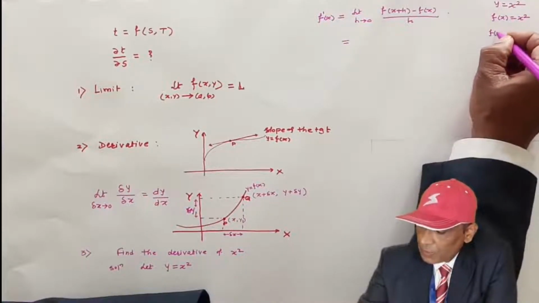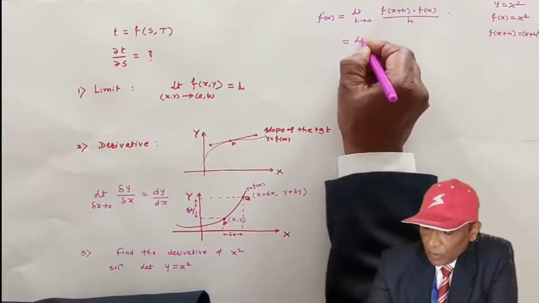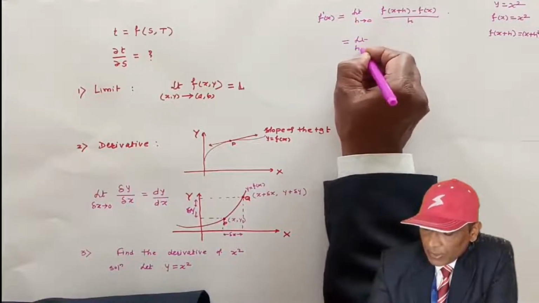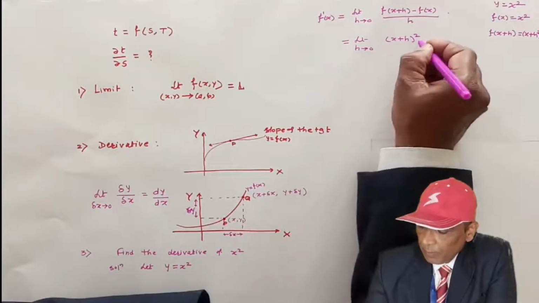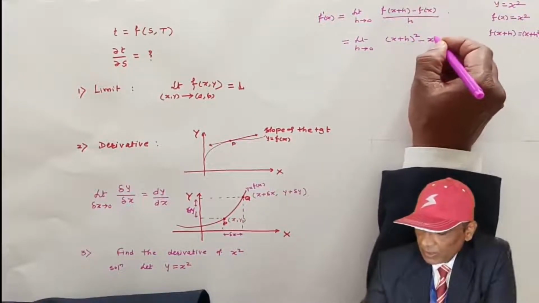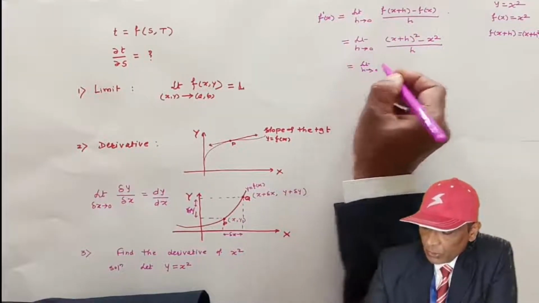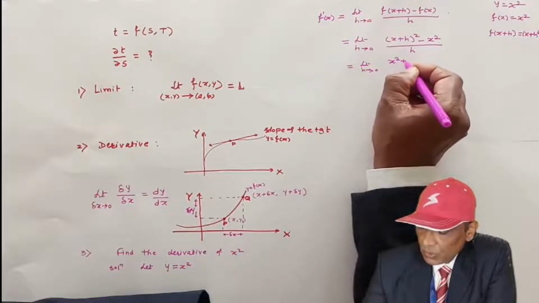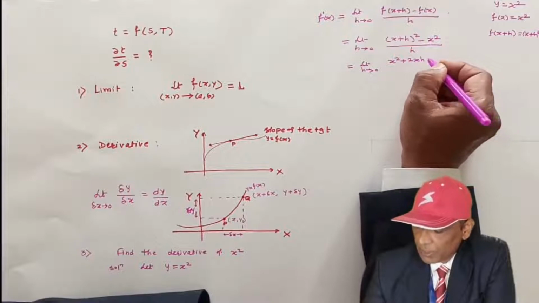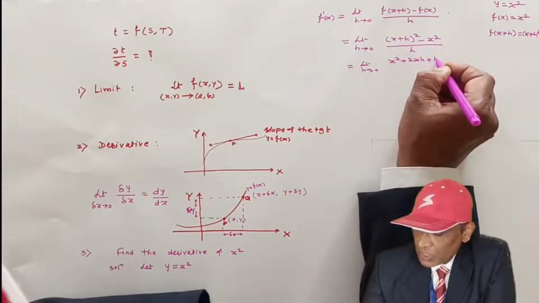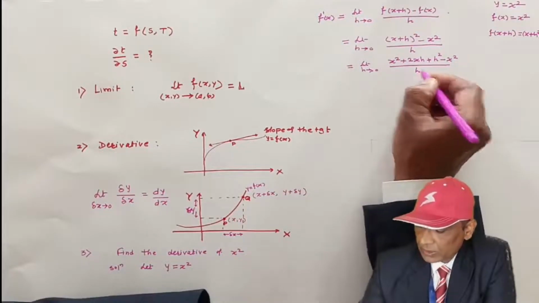What is f(x + h)? It is (x + h) whole square. Putting the value, f(x + h) minus f(x) is (x + h) whole square minus x square, divided by h. When you open the brackets, using the formula (a + b) whole square = a square + 2ab + b square, this is x square + 2xh + h square minus x square, divided by h.